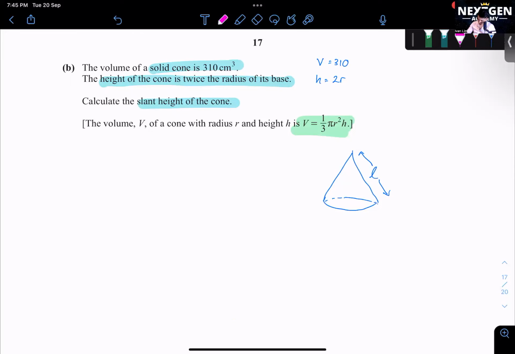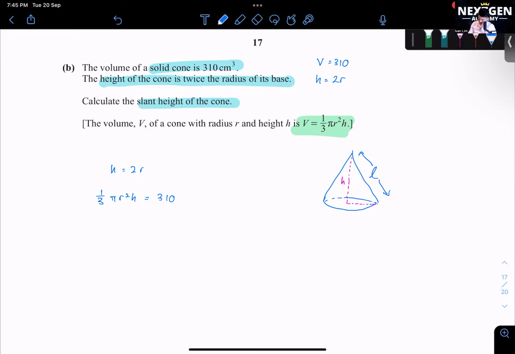So what do we have here? We got the height, then we got the radius. You have to draw it out to see it clearly. Height equals 2r. So 1 over 3 pi r square height equals 310, using V equals 1 over 3 pi r square height.